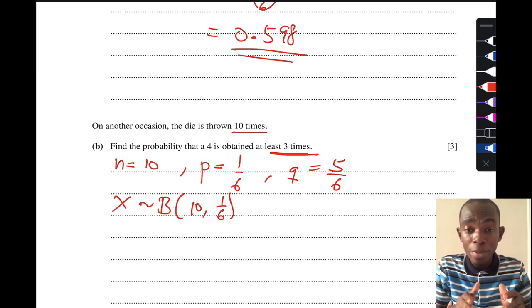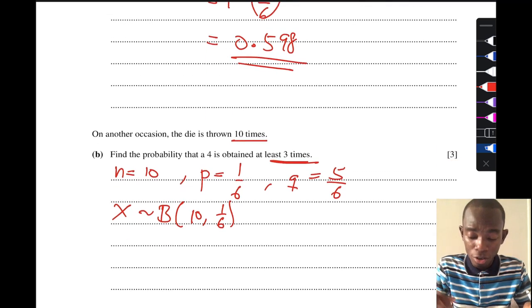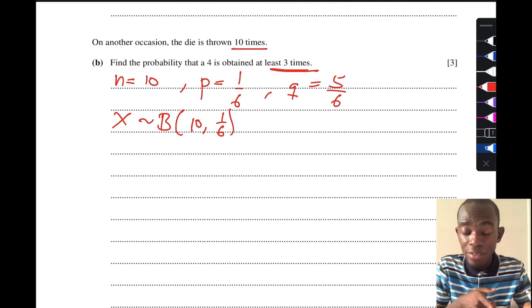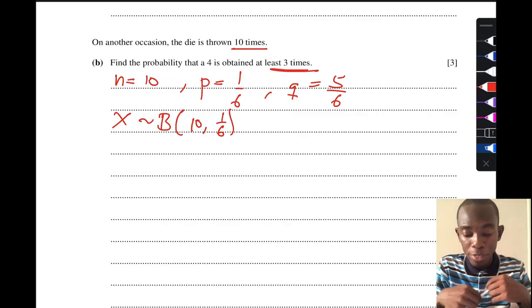If this were geometric, you would have known, because they would have maybe made a claim that a 4 is obtained, maybe more than 3 times, like the previous question that we did. They wouldn't have told you that they threw it 10 times. That n wouldn't have been given for a geometric. But now that they have given this n, be careful. That is a binomial that has been set way beneath a geometric. So you should know your distributions very well. If not, this is going to beat you.